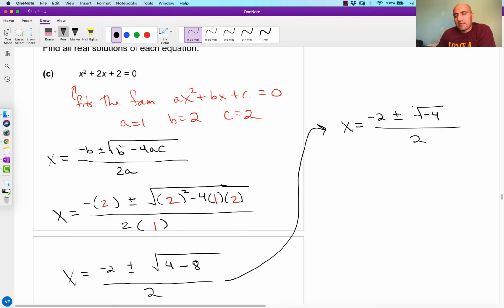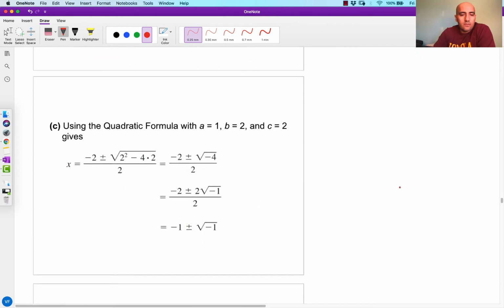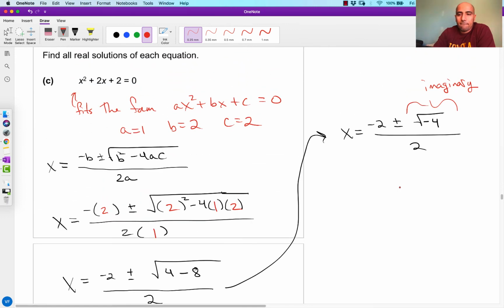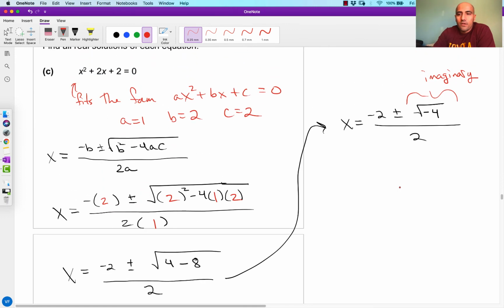Okay, so that means that we have a negative inside here. That means that we're going to get an imaginary solution, right? That's what this means, imaginary. So, how do we deal with this guy? Well, we got to deal with the fact that this is a minus 1.